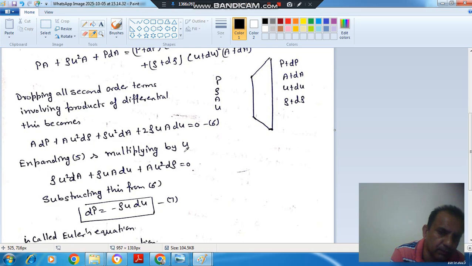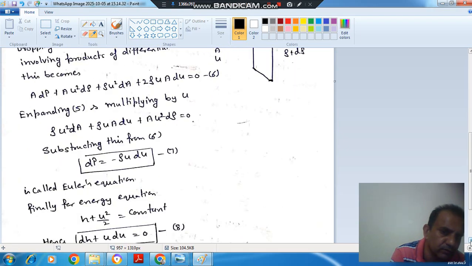So now if we subtract it from equation 6, then we will get dP is equal to minus rho U du. This is equation number 7, and this is called Euler's equation. Okay. So this is from the momentum equation, and this is from the continuity equation multiplied by U, and subtracting these two, we get this Euler's equation.